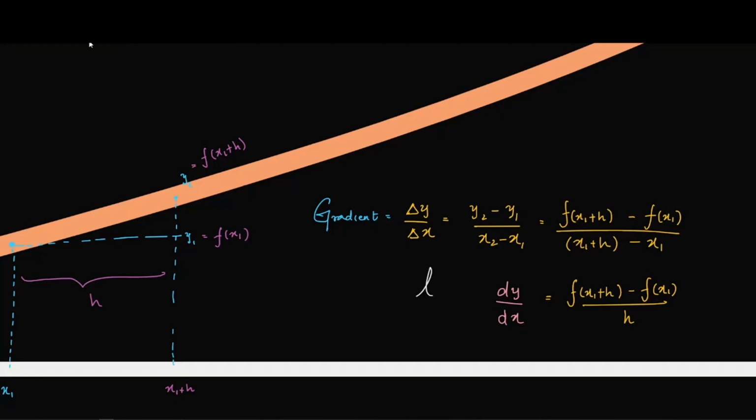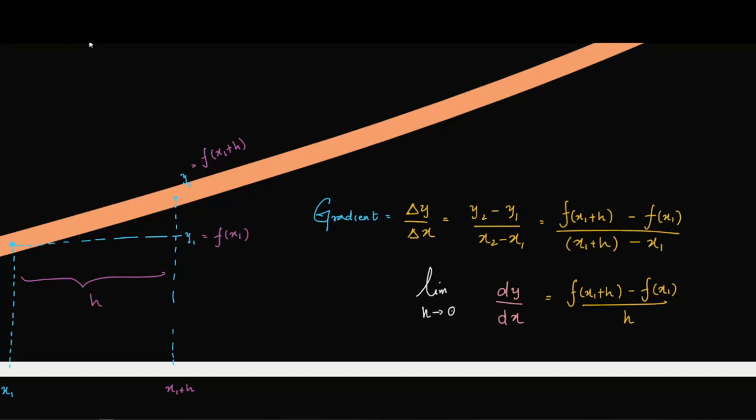So we say limit h tends to 0 and dy by dx equals f of x1 plus h minus f of x1 divided by h. What we are really saying here is that h is very small. Remember that we have to mention that we zoomed in. So how do we say that in an equation? It's by saying that h is very close to 0.